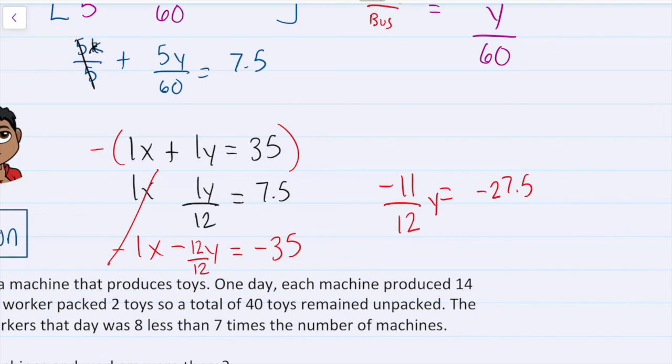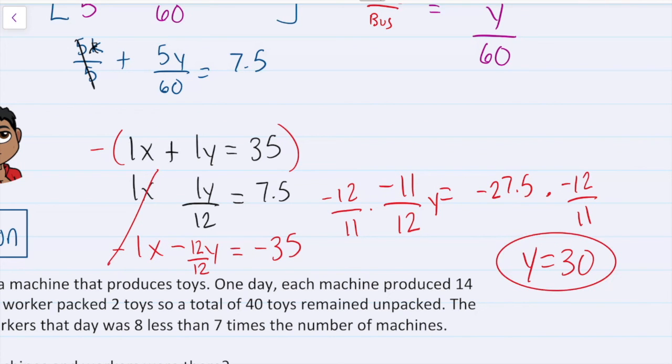Now, if we multiply by the reciprocal, negative 12 over 11, times negative 27.5, that will give us 330. Divide that by 11 and it gives us 30. Guys, you found your y.